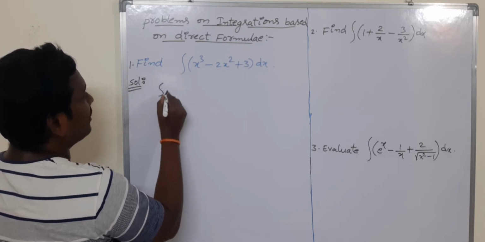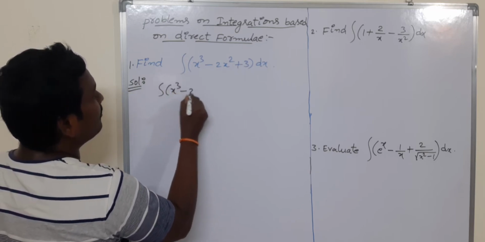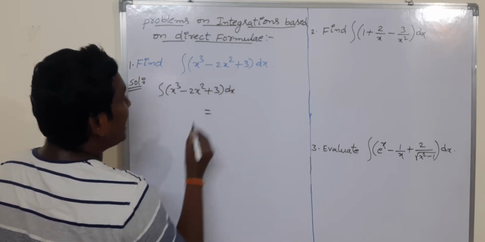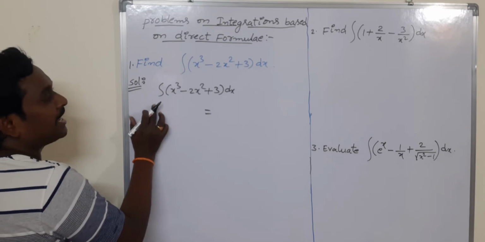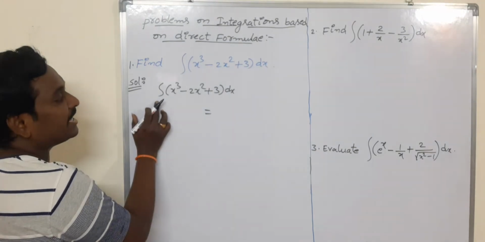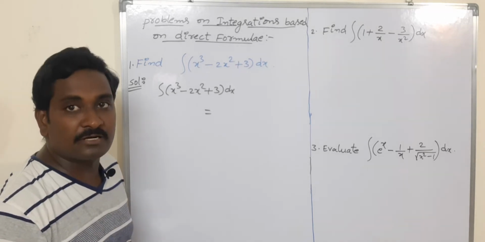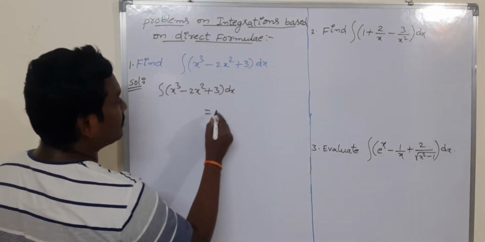First consider the given problem. Integral of x cube minus 2x square plus 3 dx is equal to, according to the linear property, if some functions are in addition or subtraction, we can easily split the terms. So separate the terms now.